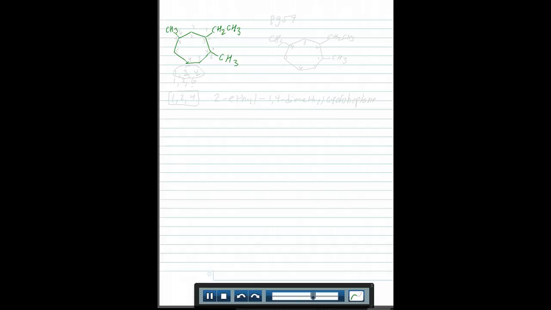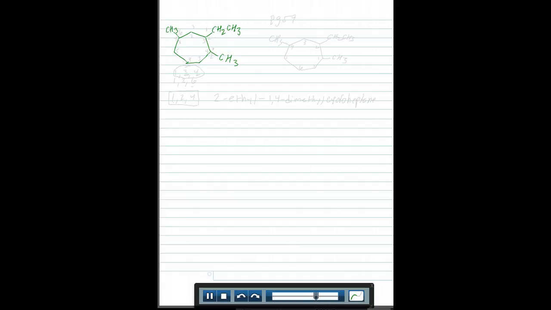Okay. So notice I got 3 groups. And the question is, where do I start counting? Okay. With 2 groups, it's alphabetical. When you have more than 2 groups, it's no longer alphabetical. The rule is you go by whichever gives you the lowest numbering system.